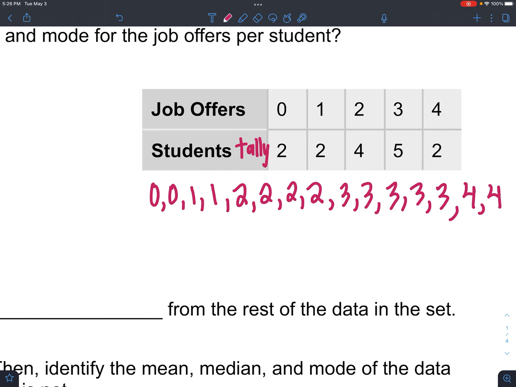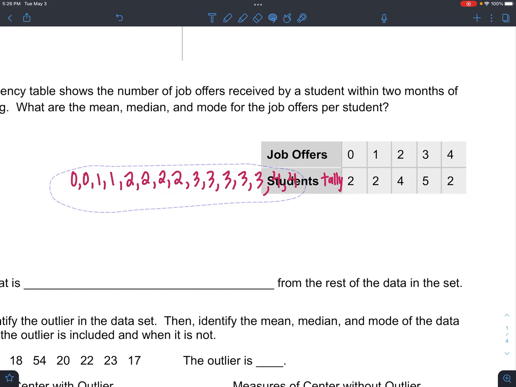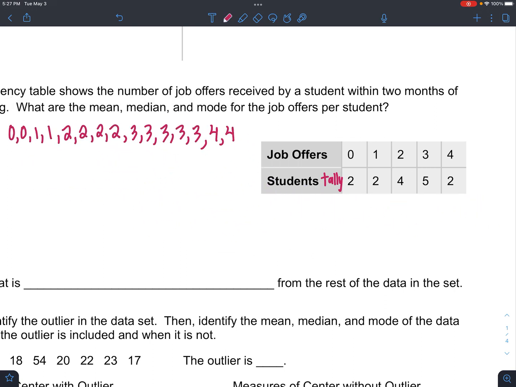It can be easy maybe to flip those in some cases, but it is the students count of a certain job offer. We're trying to find job offer amounts per student, so that's what we have to repeat and list. Okay, if you ever have questions on that, you can always ask.